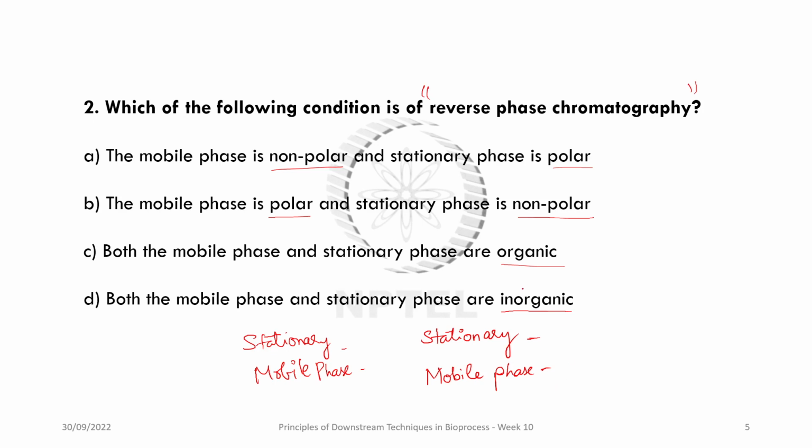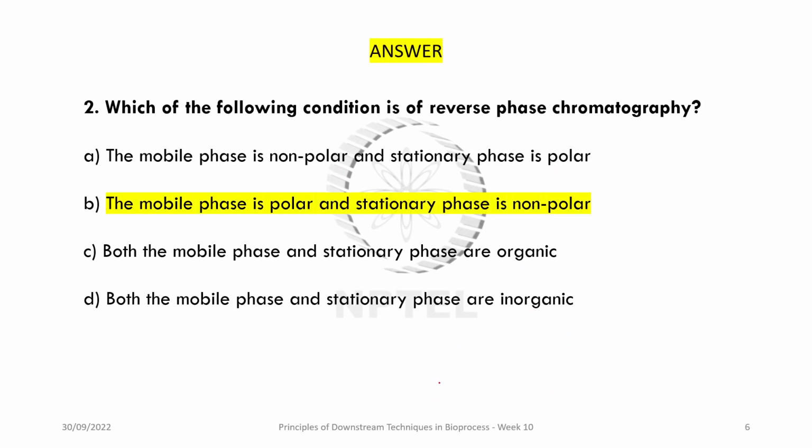But when it comes to reverse phase, you have a polar mobile phase and non-polar stationary phase. Correct? Stationary phase is non-polar and mobile phase is polar in reversed phase chromatography. Whereas normally you would have the mobile phase being non-polar and stationary phase being polar.